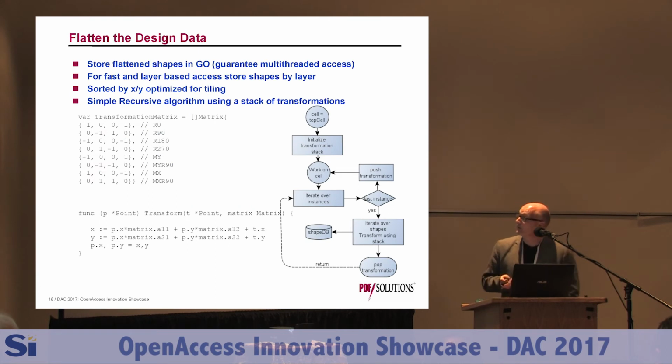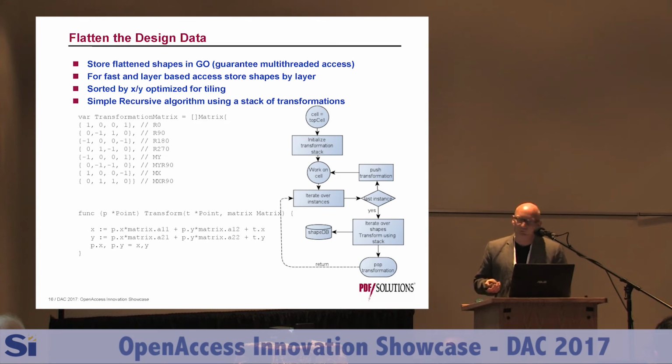OK, how do we flatten something? Just if you're interested, it's very easy, or I came up with a simple algorithm. What we do is we simply traverse the hierarchy recursively, from the top node to the leaf node.